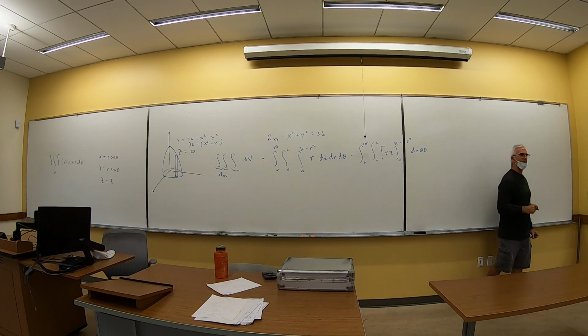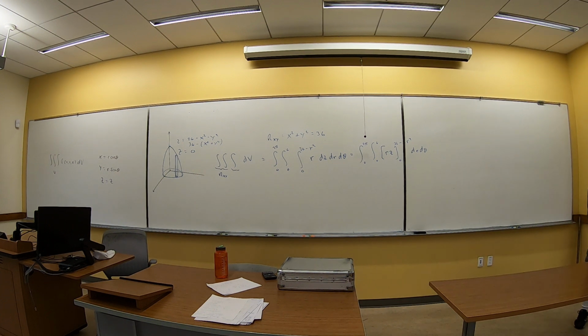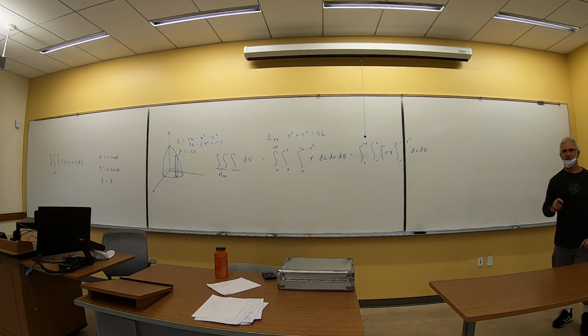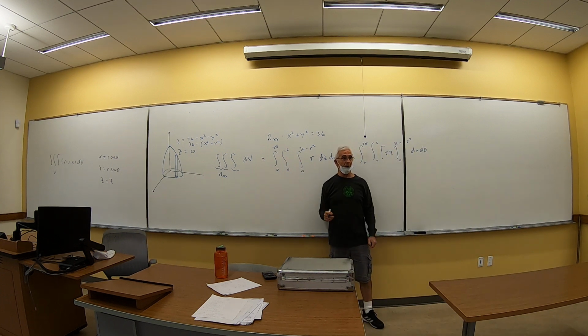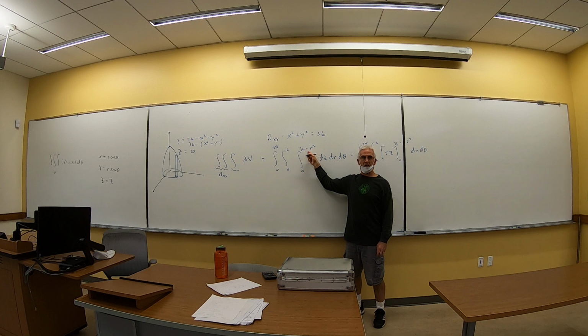Now, could I change the order of integration? Would that be possible? Could I have integrated r or theta before z? When can you easily change the order of integration? Tell me. When the limits of integration are all constant. But see my z limits? They're not constant.